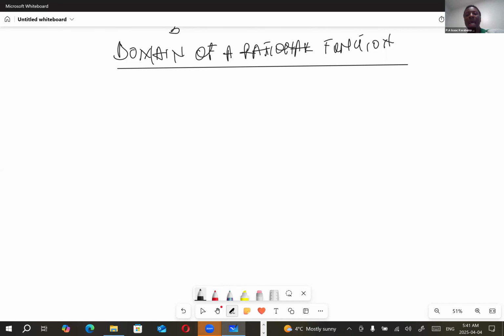When you get that, then you tell the examiner that the domain of that particular fraction or function is the set of all real numbers. The domain includes a set of all real numbers.